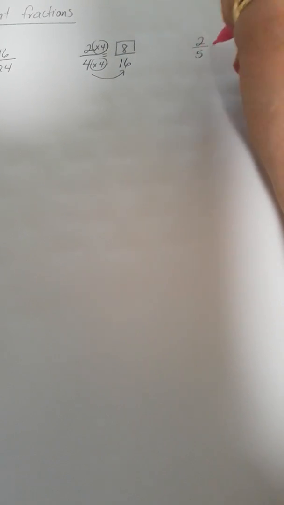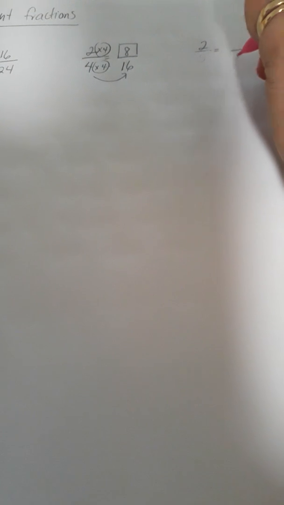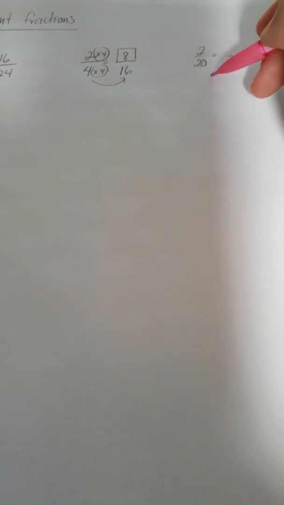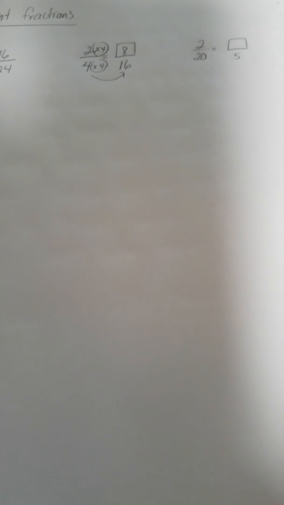The book also may present where you have to use division. So let's say I have 2/5, and I have here a 5 and I have here a 20, so 2/20, and I have 5 as a denominator, and I have to find my numerator.